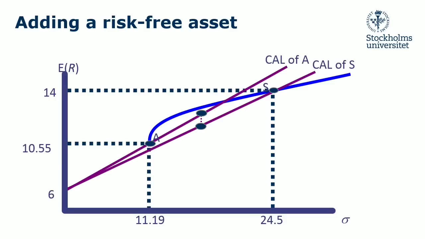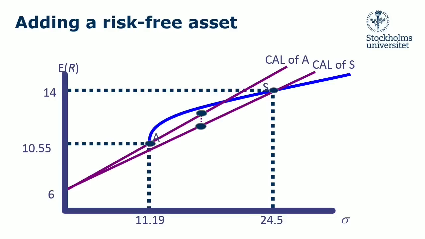If we extend this reasoning to any point on the capital allocation line of S, since we can find another point on the capital allocation line of A that dominates any such point, we can conclude that no rational investor would choose a point sitting on the capital allocation line of S. They would rather choose a portfolio on the capital allocation line of A. And note that this applies to anything below the capital allocation line of A, including those points sitting on the blue line below it.